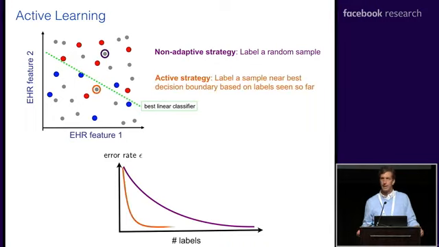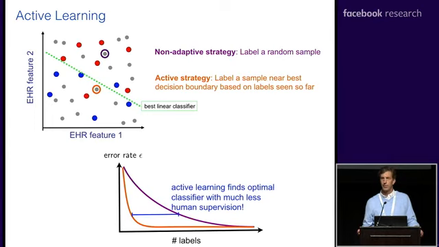For example, a natural heuristic is to look at examples that are unlabeled and close to the current best decision boundary, like the orange one I've circled here. And the idea is that hopefully by strategically selecting those examples that are most confusing, this will help the machine quickly learn a good predictive rule and reduce the total amount of human supervision required in this learning task.